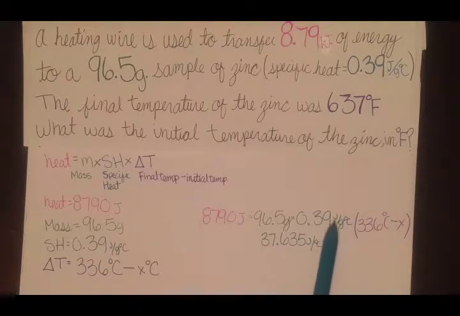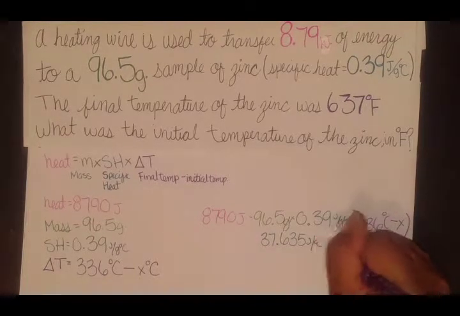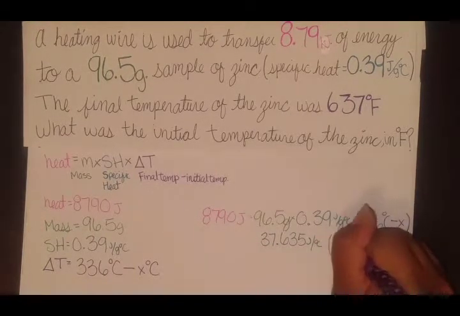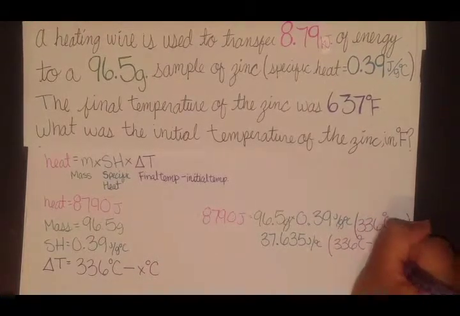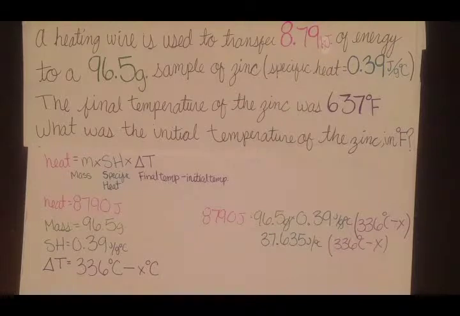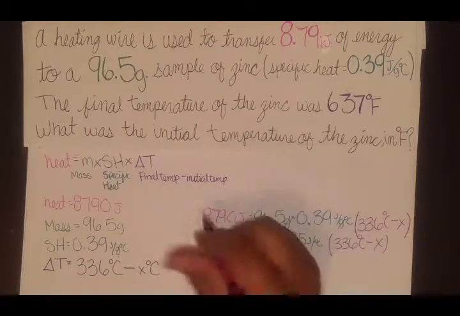So we're only left with the joules and degrees Celsius. And then we're going to bring down our 336 degrees Celsius minus x. And then we keep our joules.